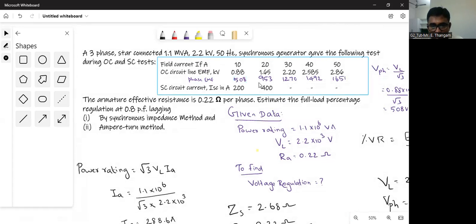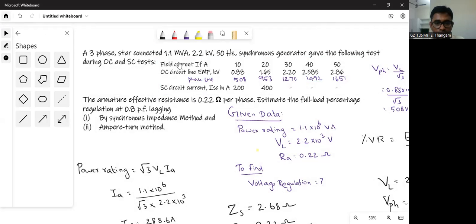But before drawing the graph, first convert the line voltage into phase voltage. So 0.88 kilovolt, times 10 to the power 3, divided by root 3, is 508. Similarly, do this step for further readings. So you will get open circuit test data and short circuit test data. Then plot the graph, right?